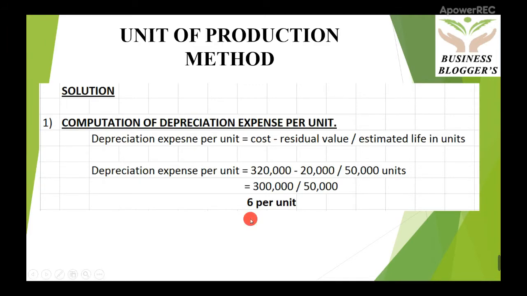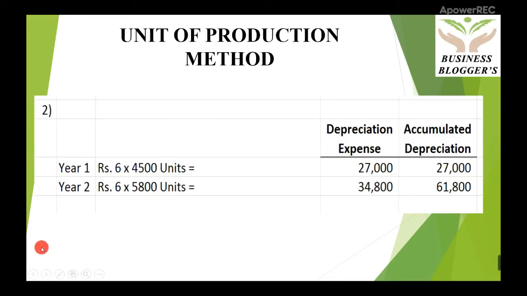Okay, let's calculate the depreciation expense and accumulated depreciation of the first 2 years. The first year units are 4,500. We will multiply by 6. The result will be depreciation expense 27,000 and accumulated depreciation for the first year 27,000 rupees.